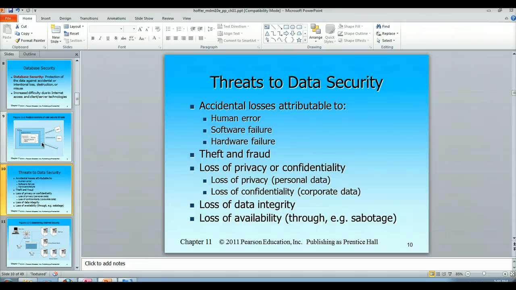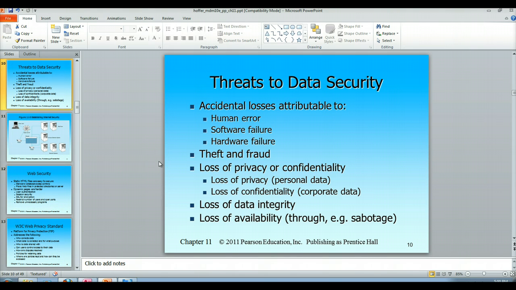So if the data is damaged in any way, that can probably be the worst of them all, because everything else is running. It's just that now the data that's coming out in reports doesn't make any sense. And trying to figure out where that damage was done can be very difficult. Or a loss of availability. Now I just can't get to my data. So what do I do about that?